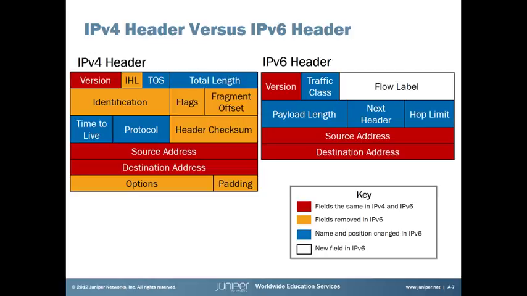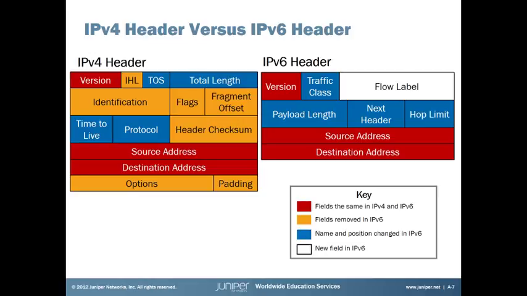We've got the same fields are in red, so you've got the version, source and destination addresses. Fields removed in IPv6 are the orangey ones here, so they're all gone, they've all been taken out. Then we've got some that have been renamed, so we've got the traffic class is the TOS, total length, payload length, next header, and hop limit.